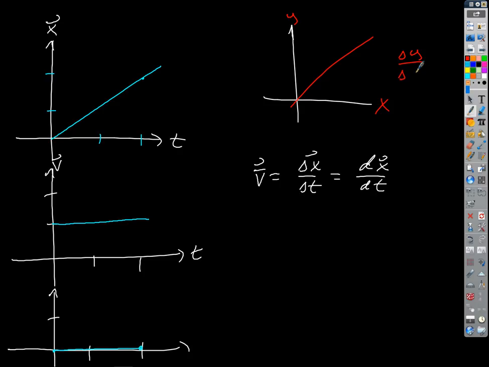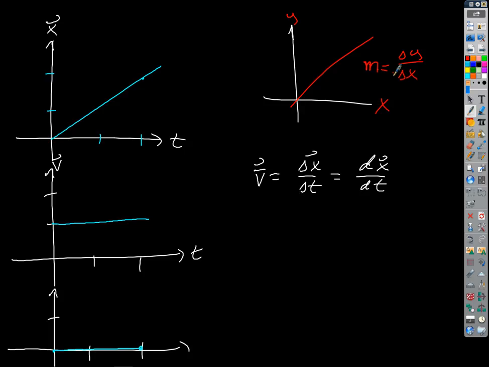Here it's in x. Well, what's that? Slope. Slope is delta y over delta x. So the slope of a position time graph is equal to the value of a velocity time graph.